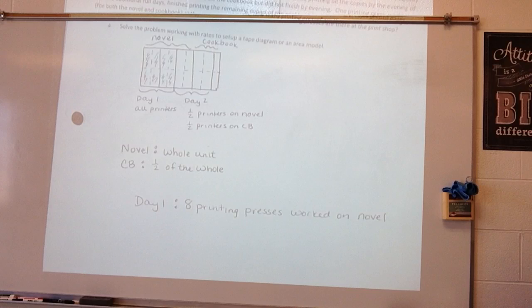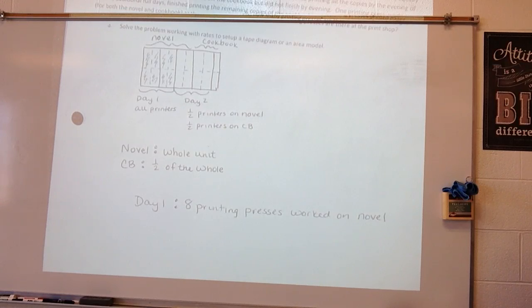So there are 8 printing presses at the print shop, because if you remember, it says all the printing presses were working on the novel on day 1. So all the printing presses that are there, there are 8 printing presses at the print shop.